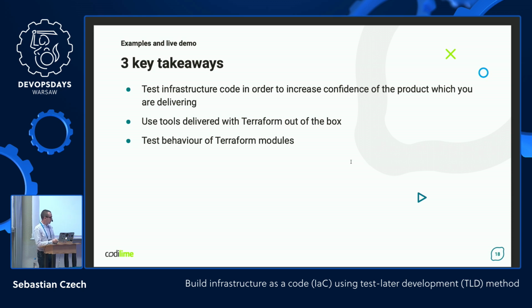And for modules, which we are preparing for bigger infrastructure, we should focus on the behavior of those modules. If that behavior is correct, I could compare it to testing classes in object-oriented programming. When we are testing the behavior of the class, so public methods, we are not testing the private methods or variables.